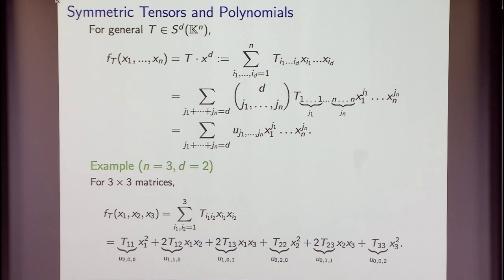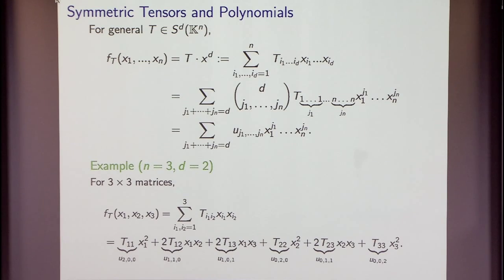So for a general symmetric tensor, we can look at the polynomial f(x1 through xn) equals T times x to the d. That's a notation. We sum over all of the indices, i1 through id, from 1 to n, and take T(i1, i2, through id) times x_i1 times x_i2 through x_id. If we want to group all terms that have the same monomial, we look at the monomial x1 to the j1 times dot dot dot xn to the jn.